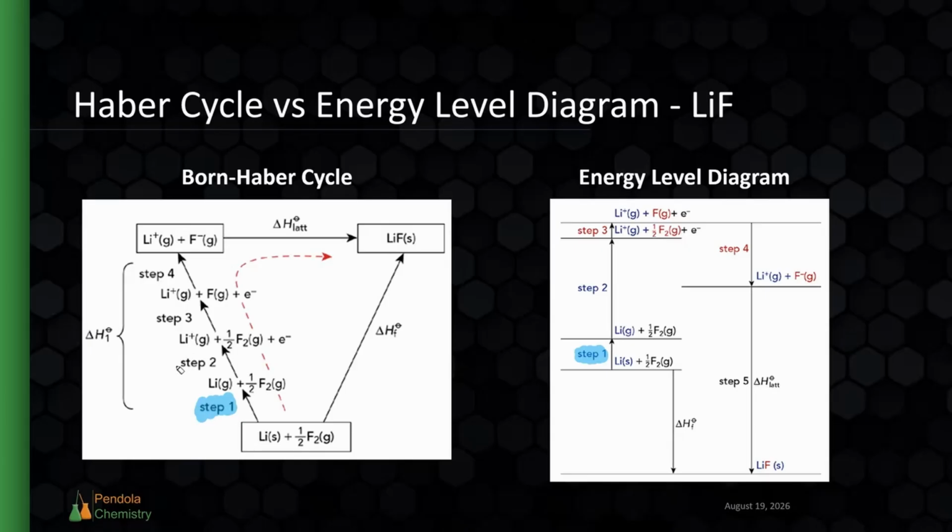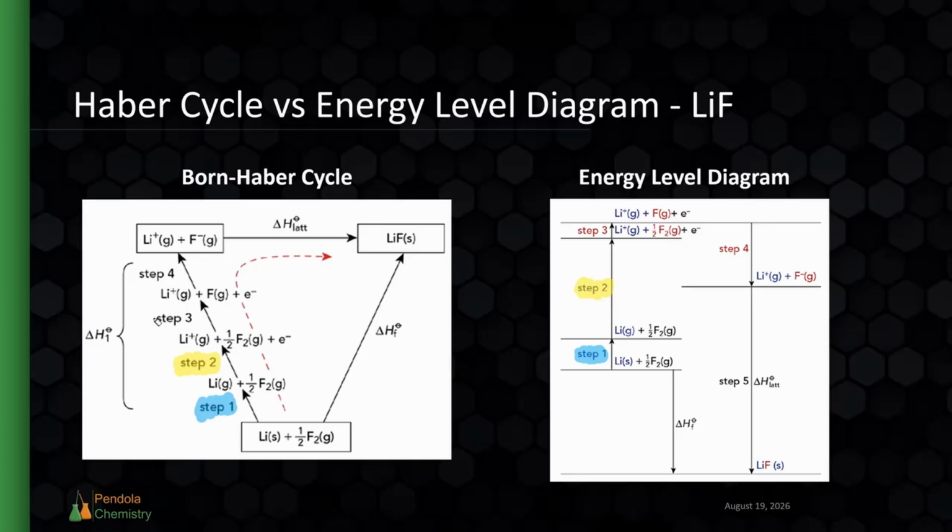Step number 2, going from the lithium gas plus 1/2 F2 gas to now the lithium plus 1/2 F2 gas plus the electron. Same exact step right here. Again, points up because it's endothermic. This one just points up because that's how we drew it.